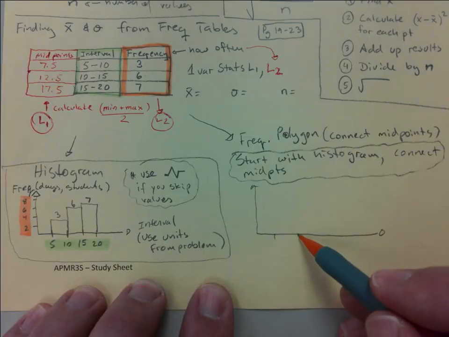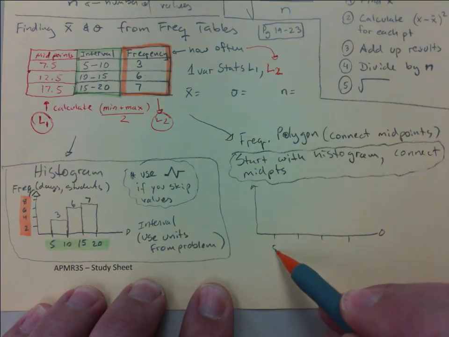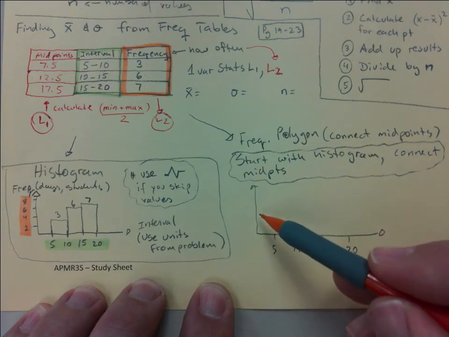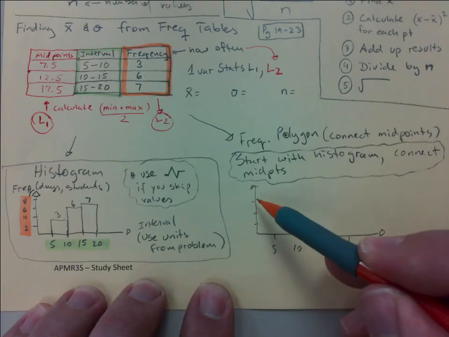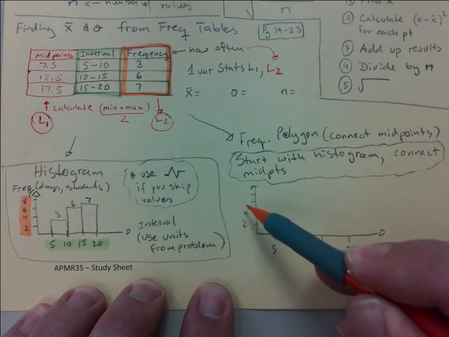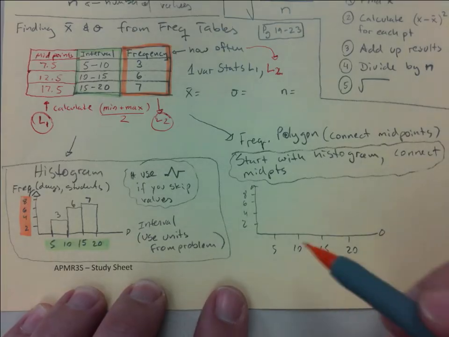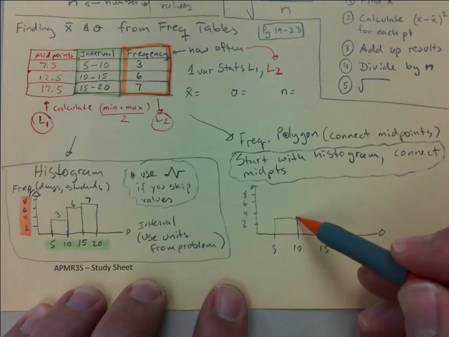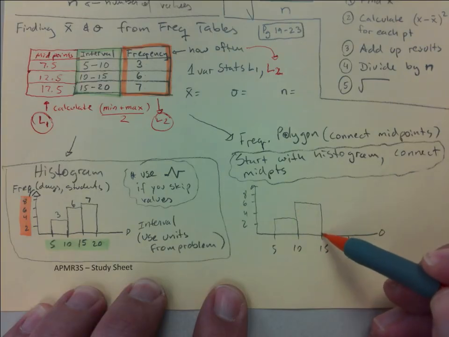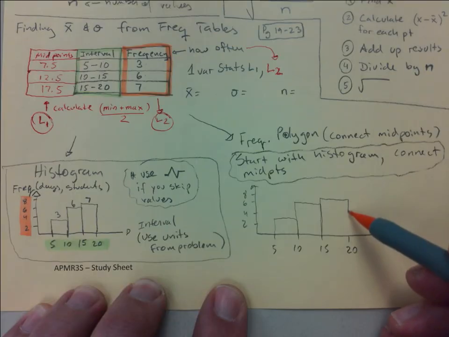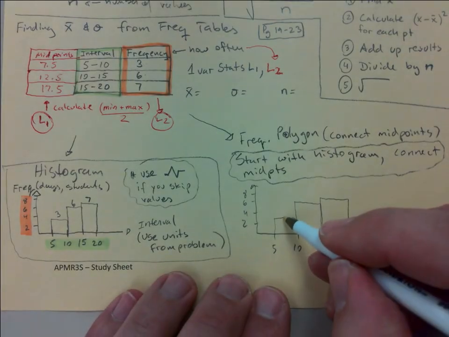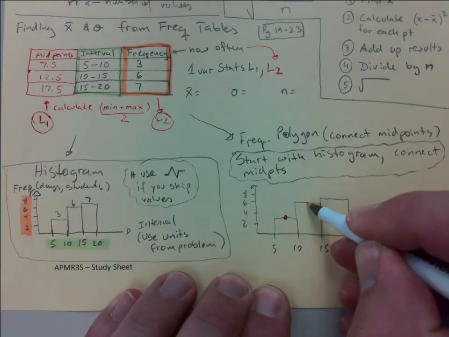So I'm going to use the 5, 10, 15, 20 again. And this is going to be 2, 4, 6, 8. And I will make my bars again. And then I will use a red pen and just make dots halfway through.